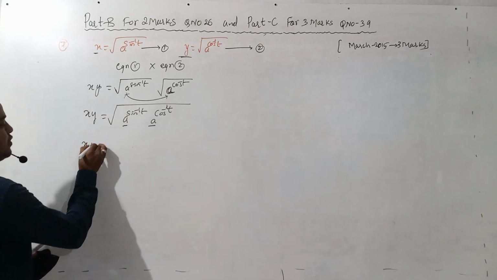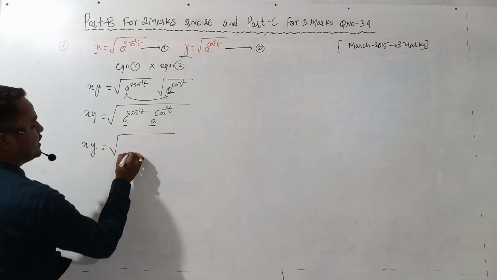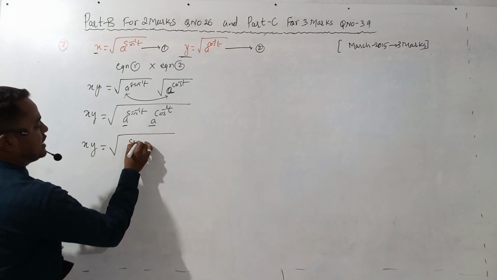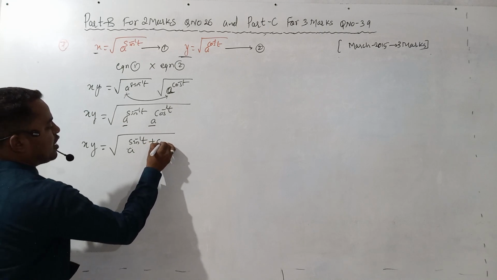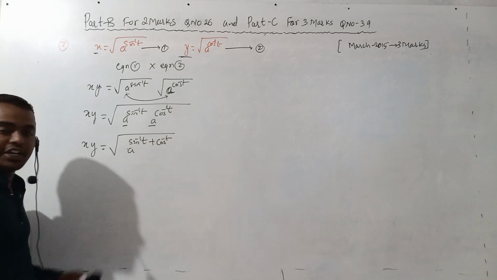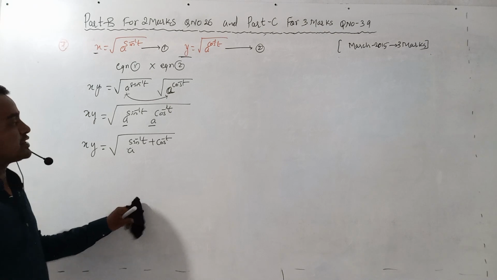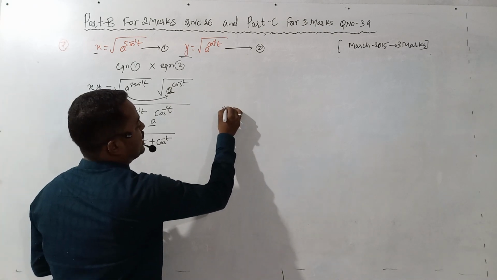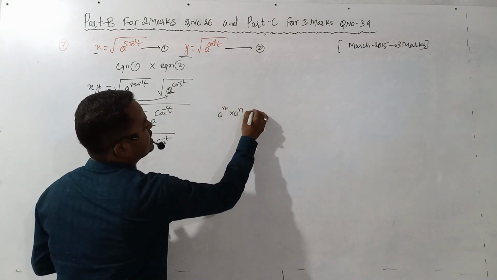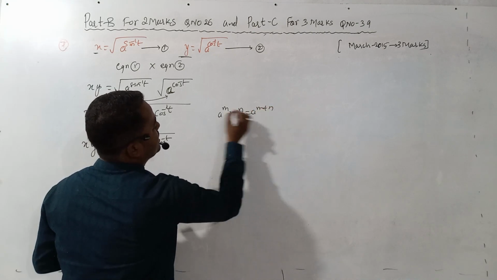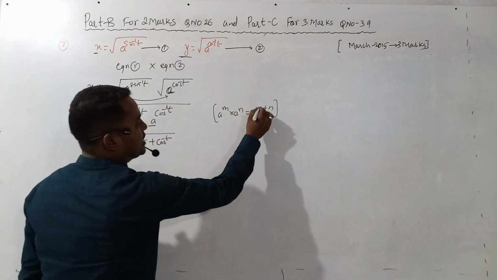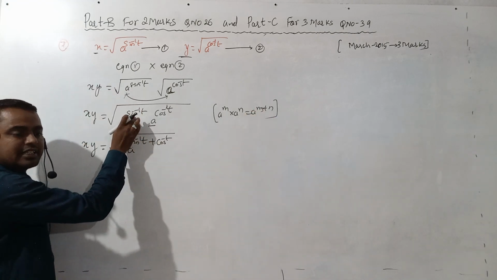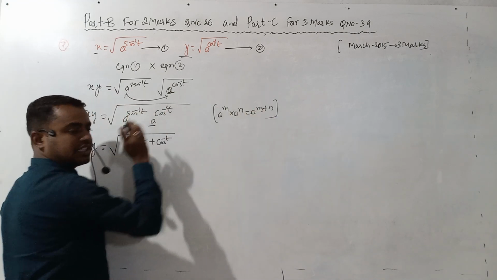Then xy is equal to root of a raised to sin inverse t plus cos inverse t, by laws of exponent: a raised to m into a raised to n is a raised to m plus n. Instead of m, sin inverse t; instead of n, cos inverse t.